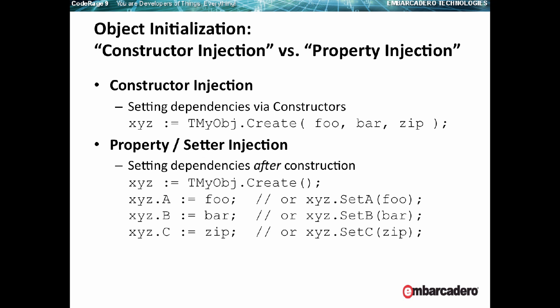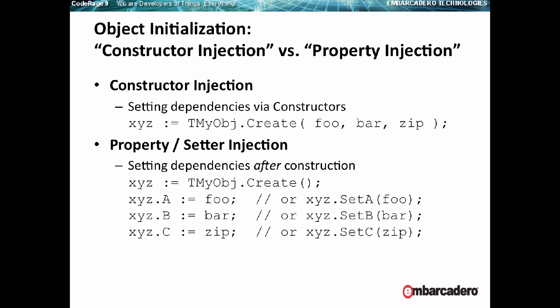Now, when it comes to object initialization, we have two ways we can approach it, called constructor injection versus property injection. Constructor injection is when we set dependencies via the constructors. So we have myObj, TMyObj, we create an instance of it, the constructor takes three parameters, three dependencies, foo, bar and zip, and it returns us an instance, and those things are initialized inside the object.